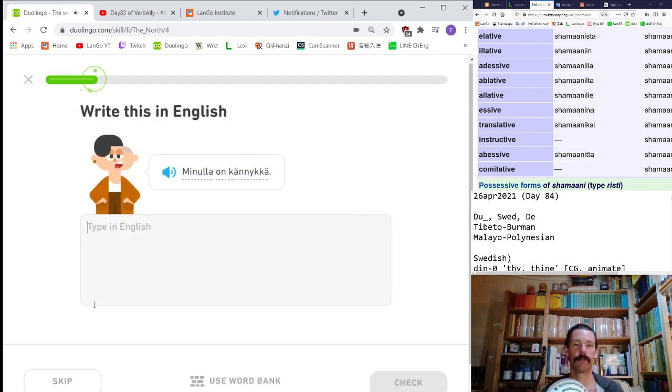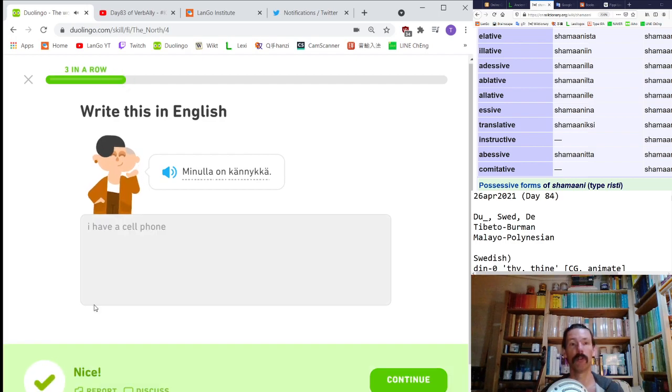Auto. Minulla on kännykkä. Minulla on, that's a possessive construction. To me, in my possession, is cell phone. I have a cell phone. But note that I is not the subject in Finnish. That would be the cell phone at the end, I guess. So an unusual word order, not the standard one. Subject postponed.